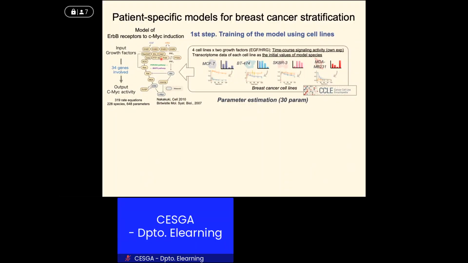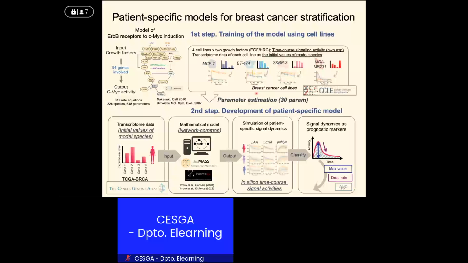We used the transcriptome of these molecules in the model as the initial value of the model. And then we got the common parameters from those models. In this case, we tried to get the 30 common parameter sets from the simulations.